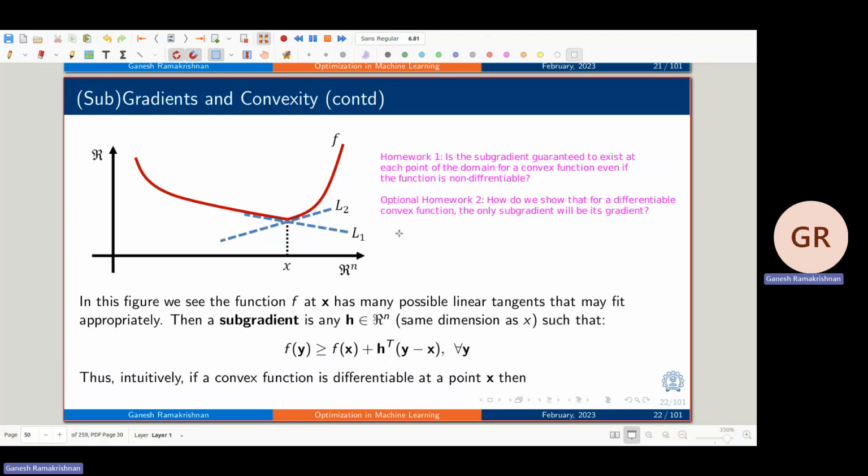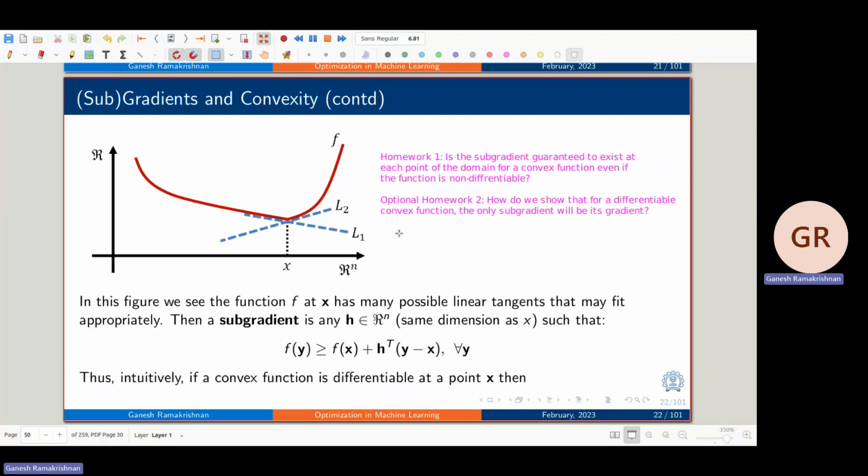So the first one, is there an exception, or can we find a convex function for which there's no subgradient at some point? Or is there a convex function where there's no subgradient at any point? The other way is to prove constructively that if the function is convex, there must be a subgradient at each point. That's maybe a more assertive way of saying it.